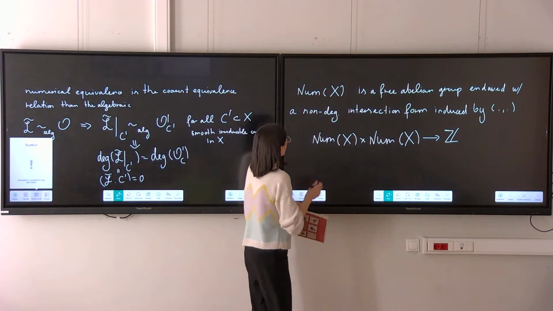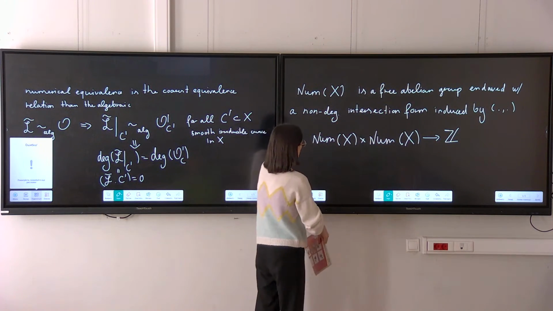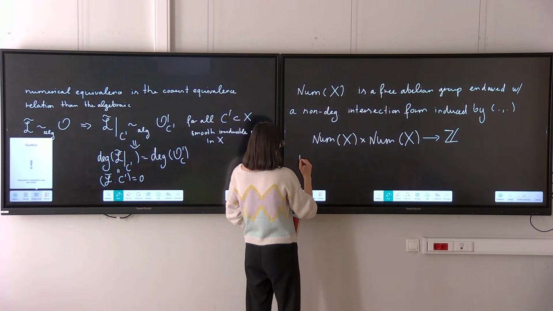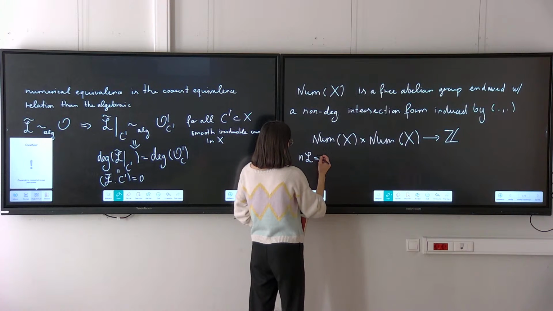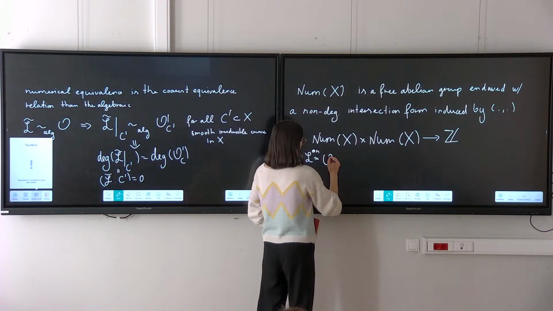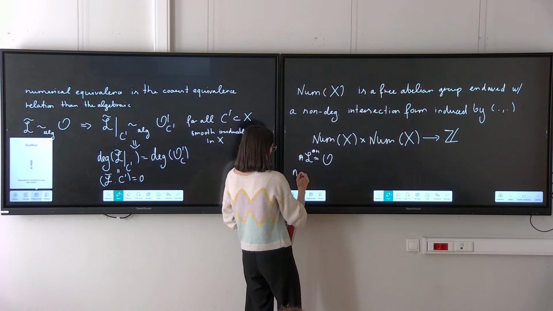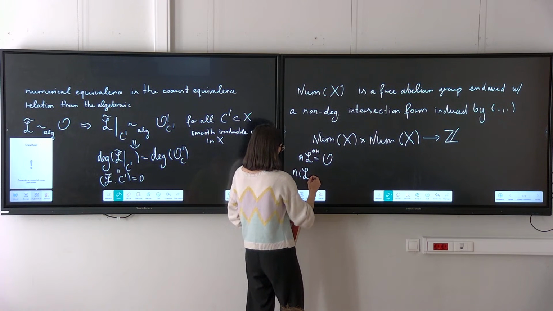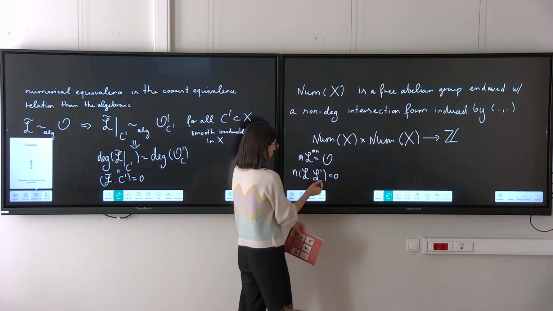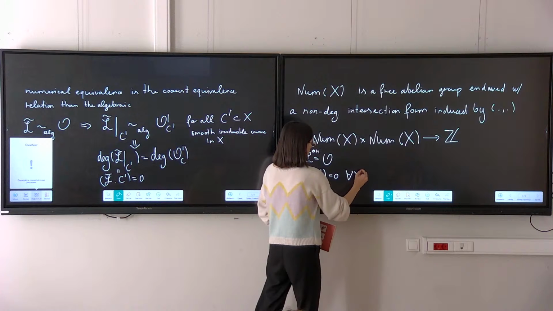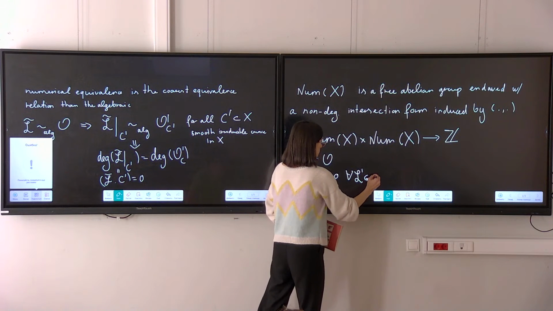Because we have no torsion here, just because if a line bundle is equivalent to a trivial line bundle, then N is equal to 0 for all line bundles in the Picard group.